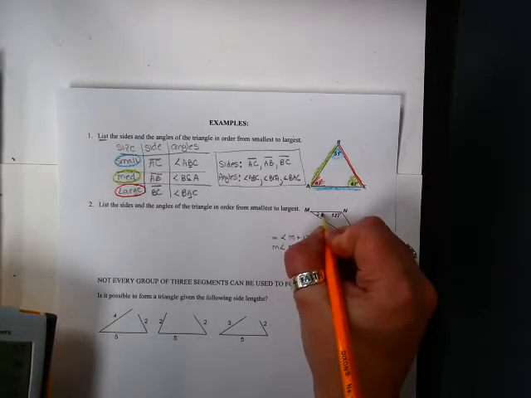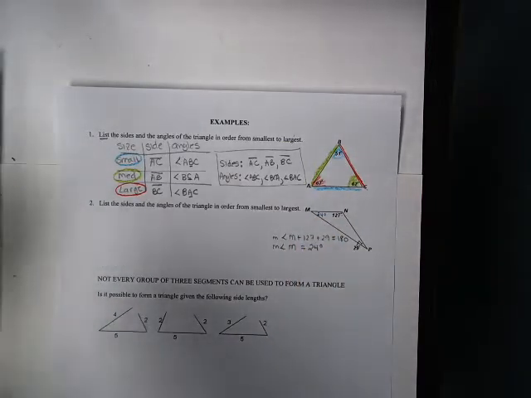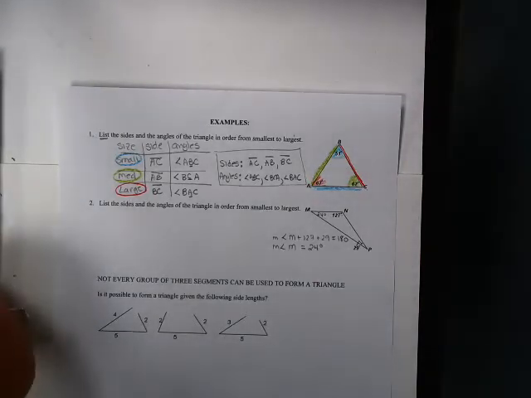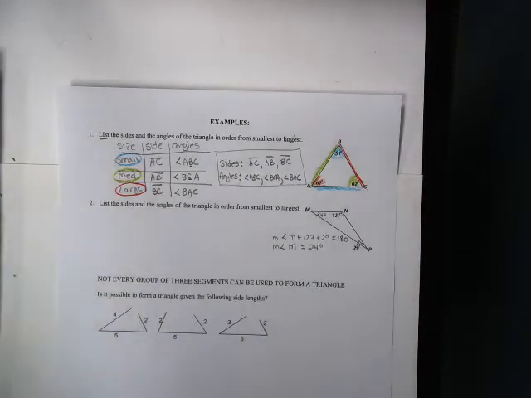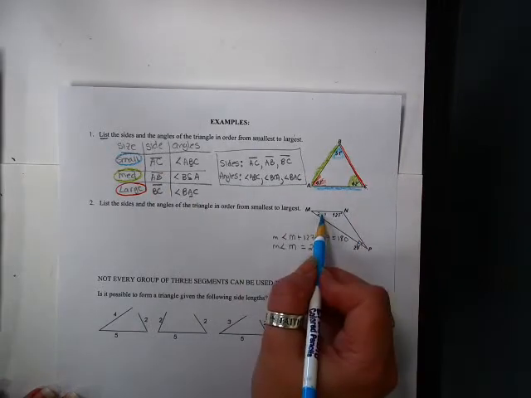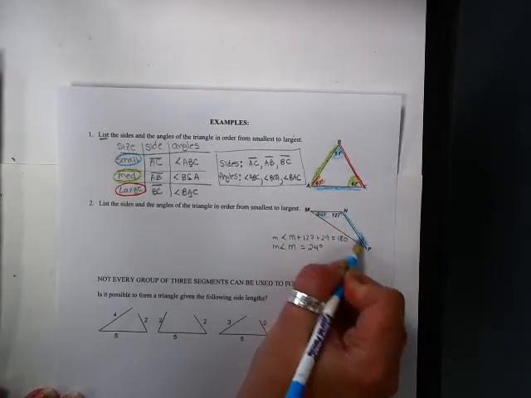And 24 degrees would be this one right here, and it's clearly the smallest angle. So remember, not all triangles are drawn to scale, so you have to test it. If blue is going to represent my small like it did up here, then this one right here is the small, so this would be the smallest side, opposite.